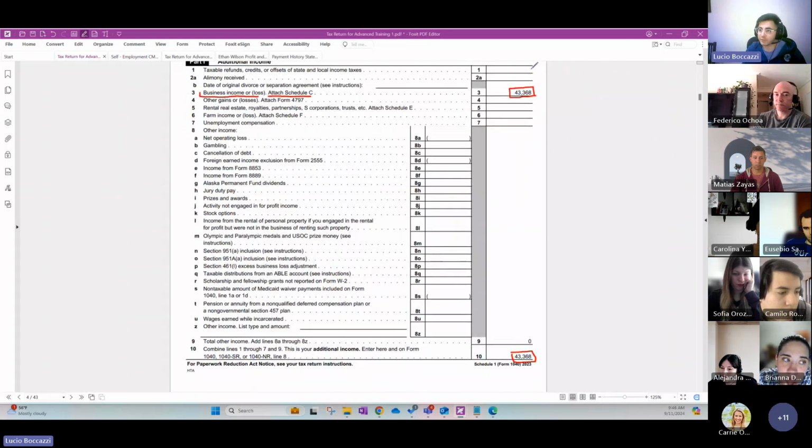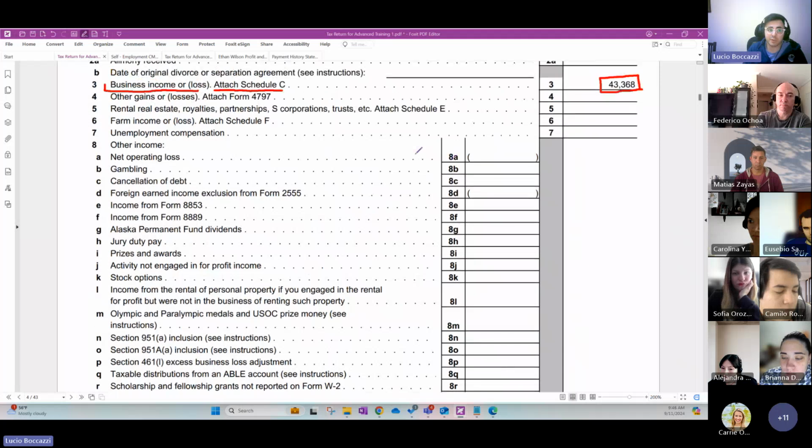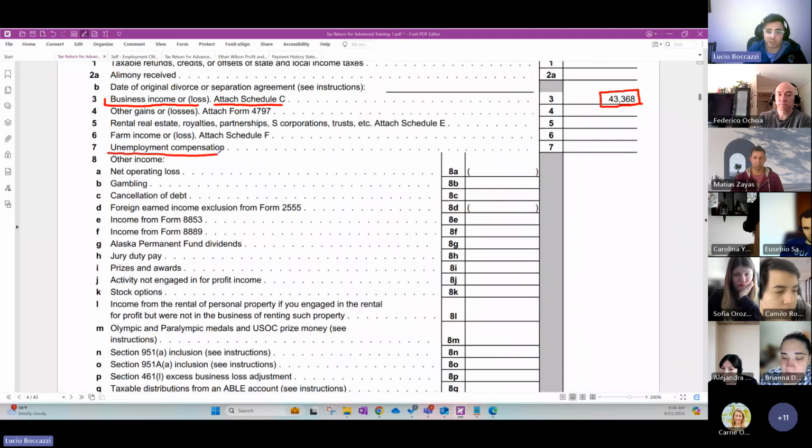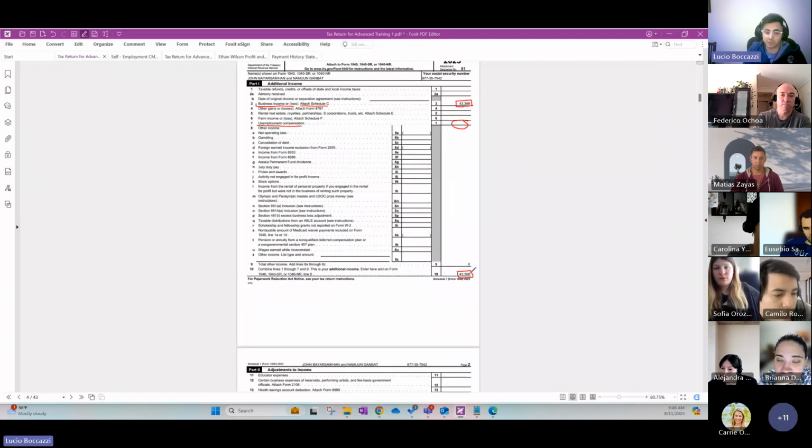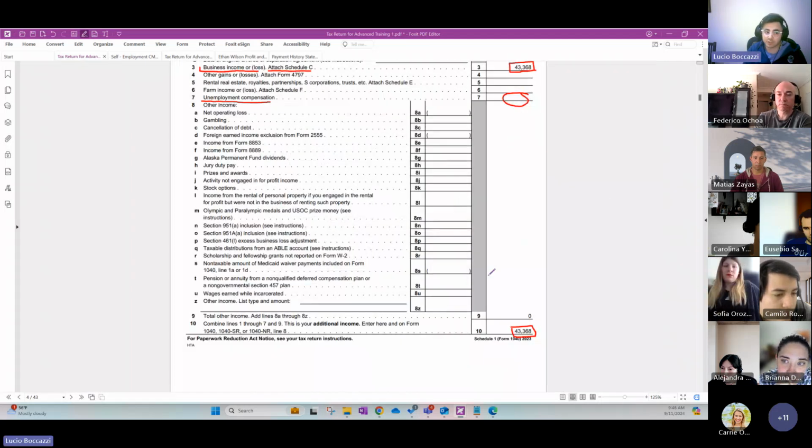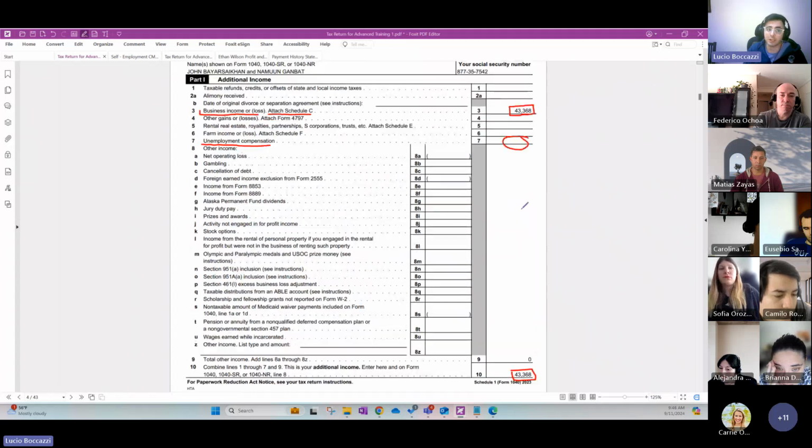No. This is a key indicator for you guys to know that there is something here in the middle, that there are other types of income that are added here and that we should pay attention to. Some examples could be unemployment compensation. If there is an amount, you'll see that from line 3 to 10, there are some extra dollars in between, and you will need to get a clarification if they are still receiving that.